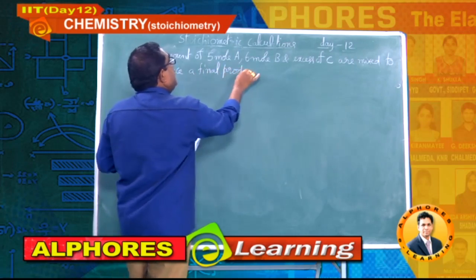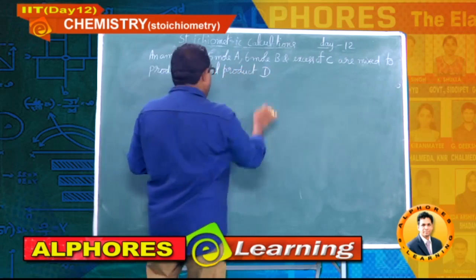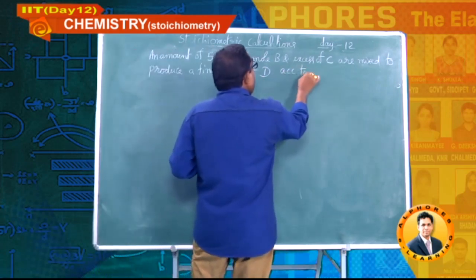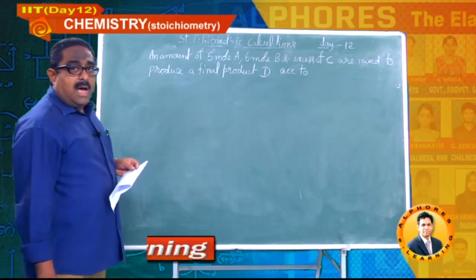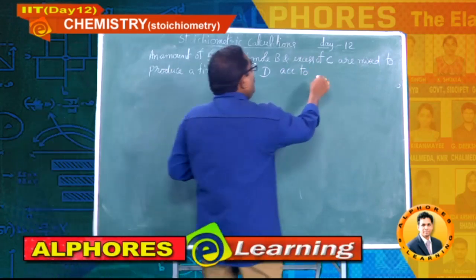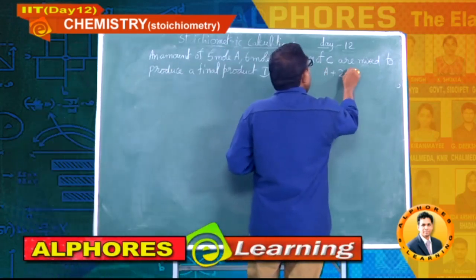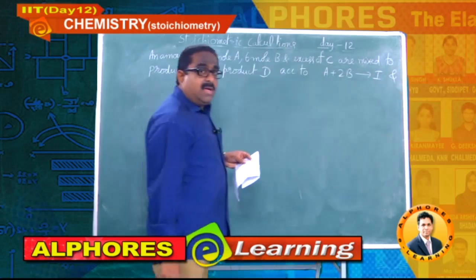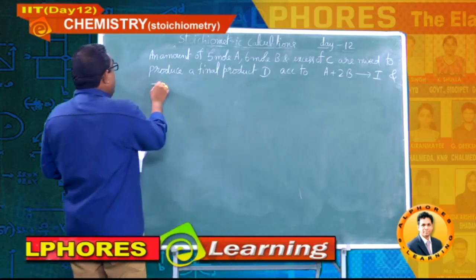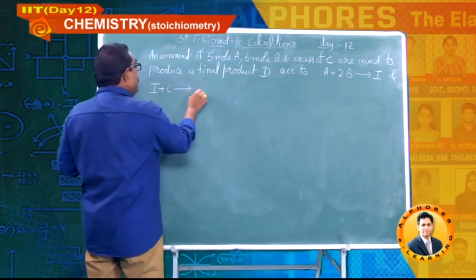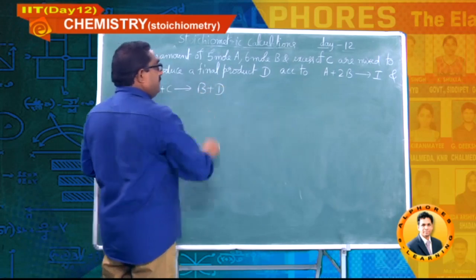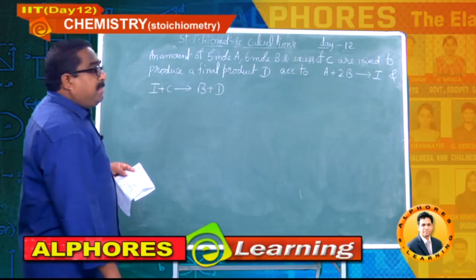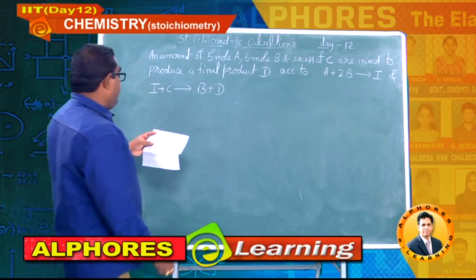Write down, students, very, very important model. A plus 2B gives rise to I and I plus C gives rise to again B plus D.